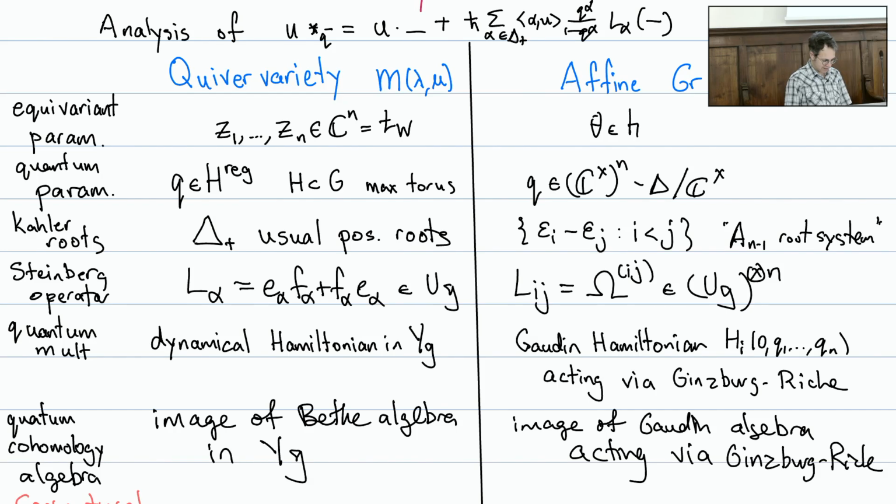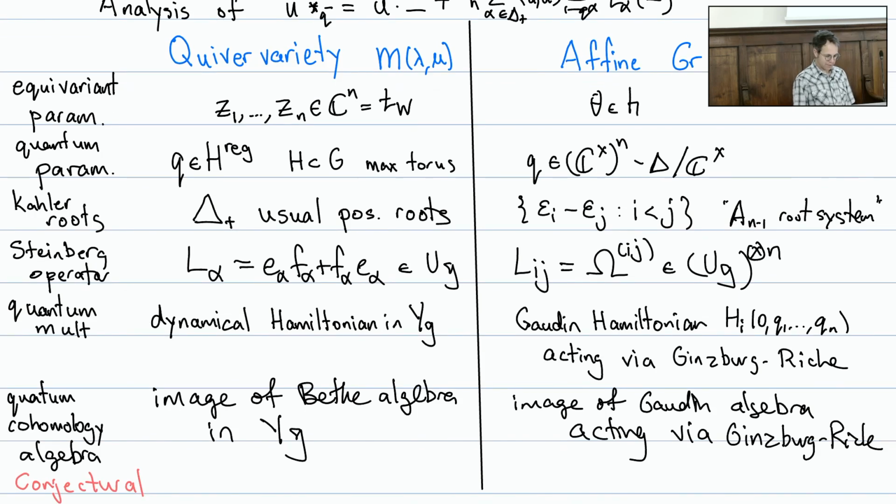And finally, if you want to capture the entire quantum cohomology algebra, the last part is conjectural on both sides: you should look at these beta algebras inside of YG, and on the affine Grassmannian slice, you should look at these Gaudin algebras acting again via this Ginzburg-Riesz isomorphism. Okay, so I'll stop there.